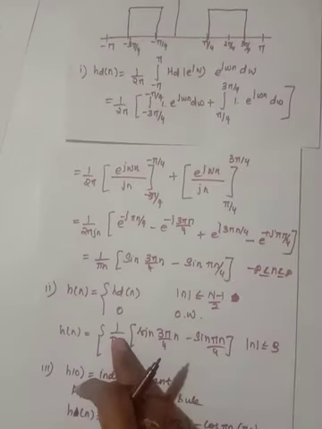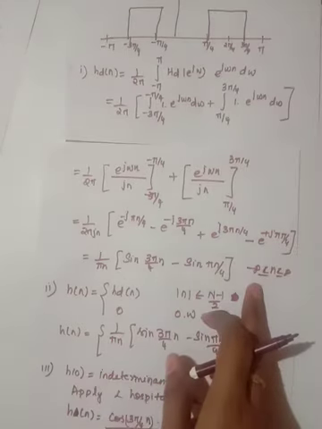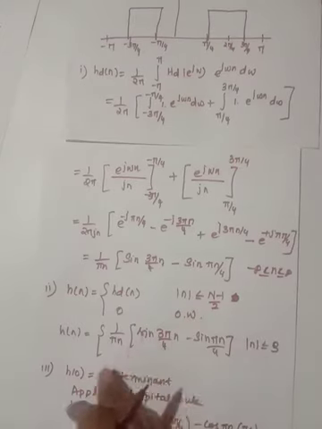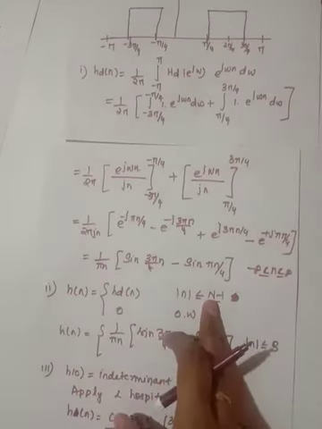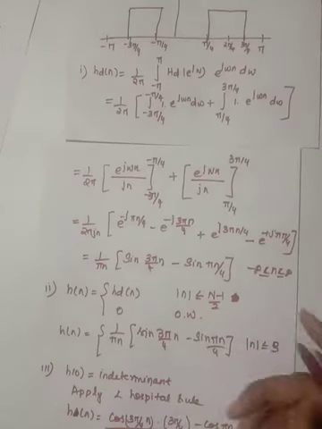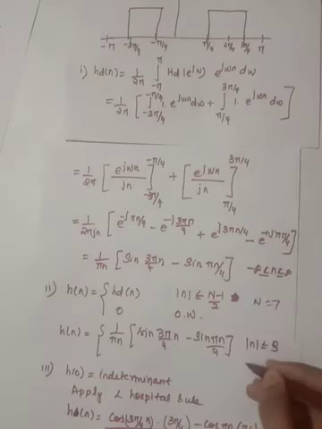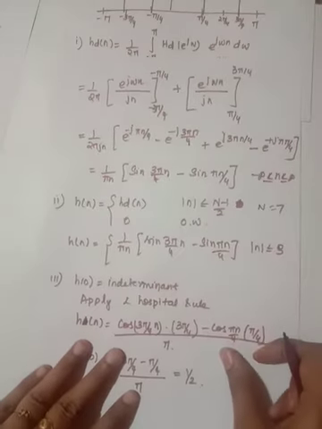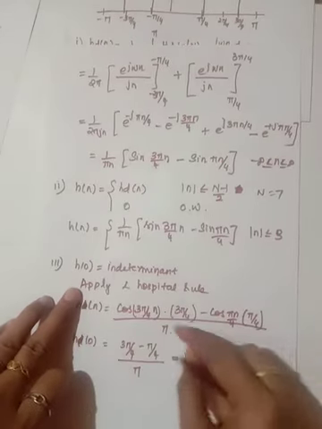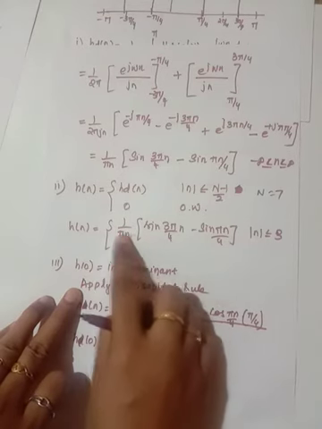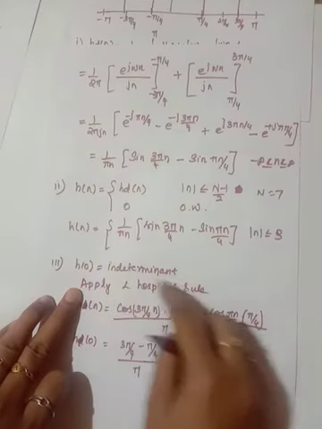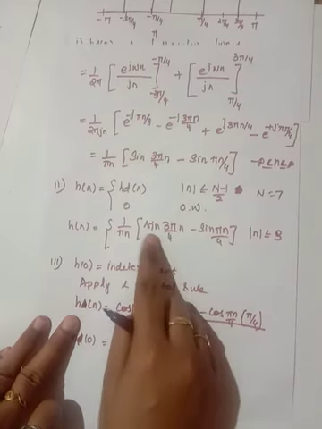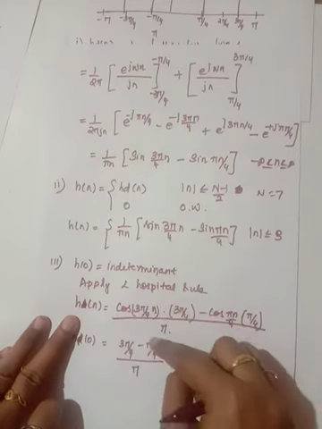Now the second step is, this is the infinite value, so I need to truncate it to a finite value. Here n is equal to 7, so I get mod n less than or equal to 3. Now h of 0: when I substitute n is equal to 0, it will be indeterminate, so I differentiate the numerator and denominator separately.